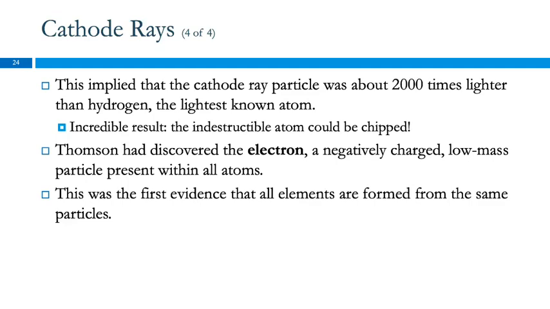Electrons have negative charges. They have very low masses. These electrons are particles that are present within all atoms. So up to this point, the atom was like we think of a Lego brick, just a solid piece of something, right? And now this is the first evidence that that atom is actually composed of smaller particles. That was a very, very big idea.